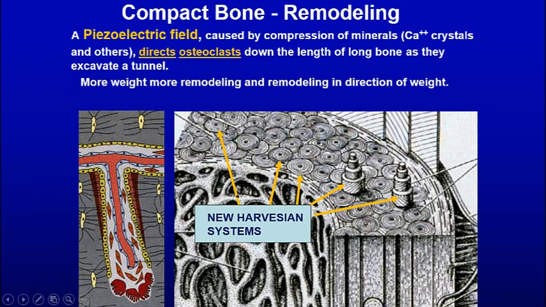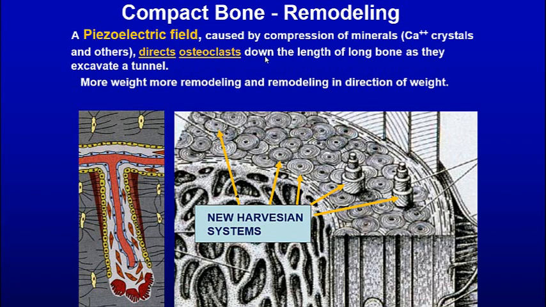Now, there is some directionality to this, and this is due to a piezoelectric field. Whenever you compress crystals, calcium crystals and other crystals as well, they give off an electrical charge. And so where your weight is down is compressing the crystals, not only calcium, but other crystals too.